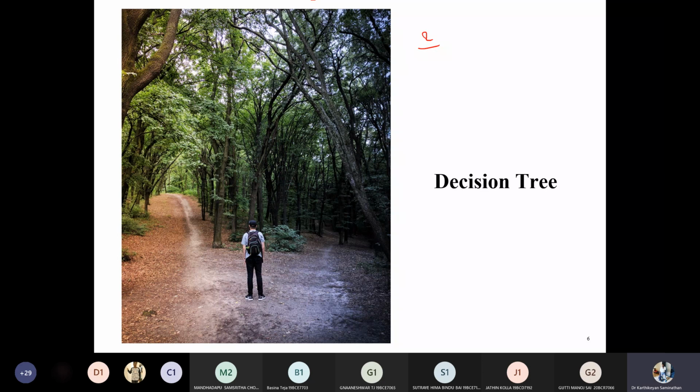Okay. So, what do you mean by concept learning? Can anyone tell me what you mean by concept learning? What do you mean by inductive bias? How is inductive bias related to concept learning?